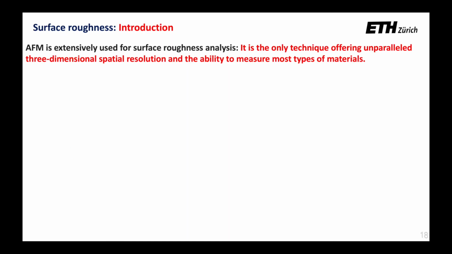Apart from using the AFM for imaging and also for measuring elastic and adhesion properties, it's also extensively used for surface roughness analysis, as this is the only technique offering unparalleled three-dimensional spatial resolution, and also for its ability to measure most materials in ambient condition as well as in the liquid environment.